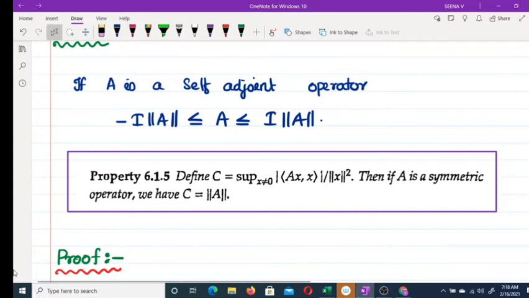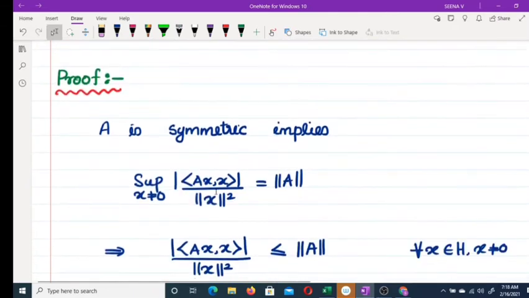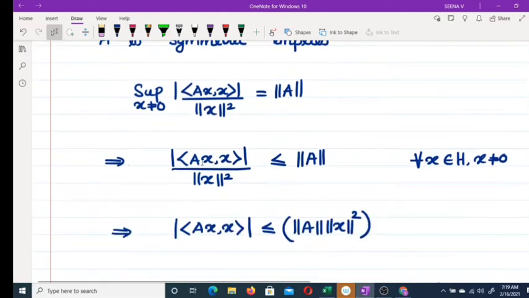If A is a symmetric operator, then we have C equal to norm of A. So A is symmetric implies this supremum is equal to norm of A. This implies this is less than or equal to norm of A for every x belongs to H such that x not equal to 0.